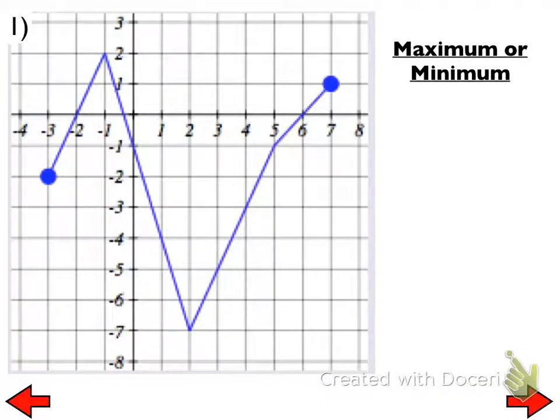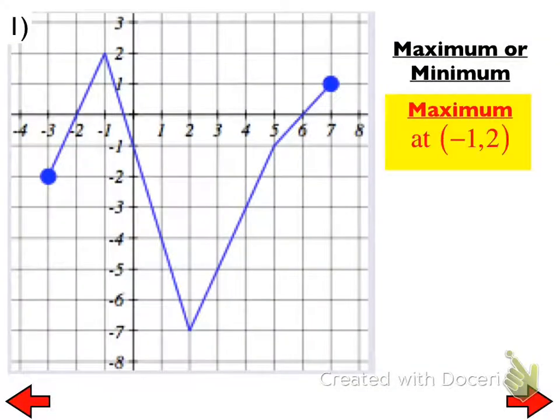Since we're talking about a point, then we would write maximum and minimum as an ordered pair. Well, if you look at the graph, the highest point on the graph happens to be at that point right there. And that point, as an ordered pair, is -1, 2. So that would be the maximum.